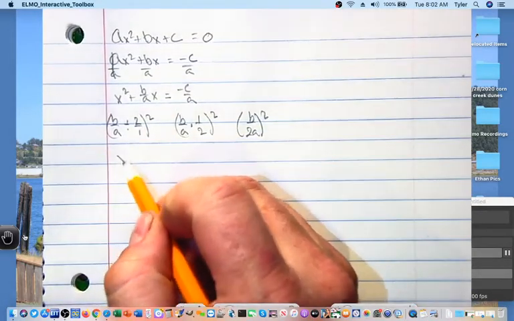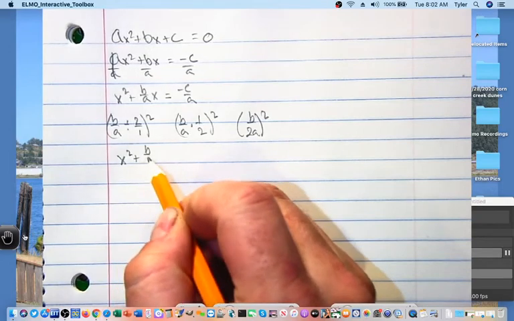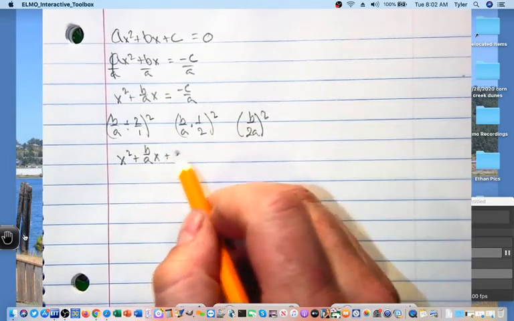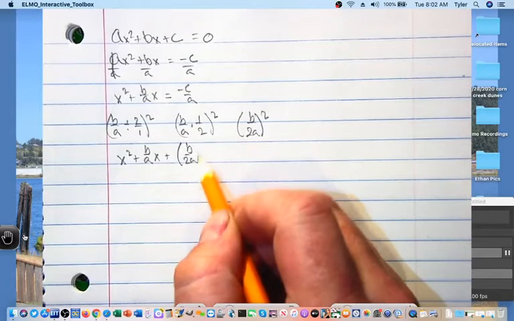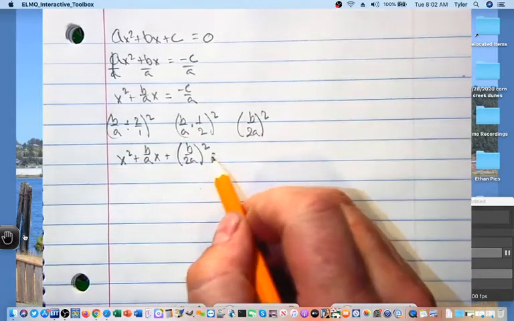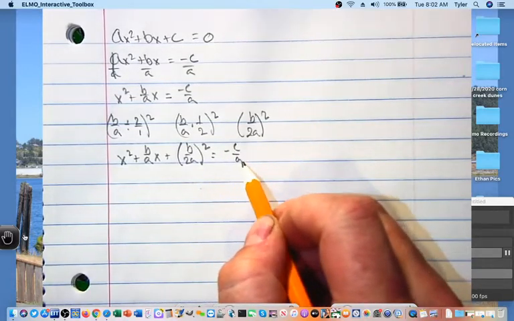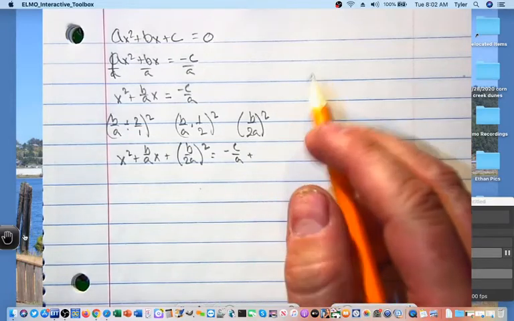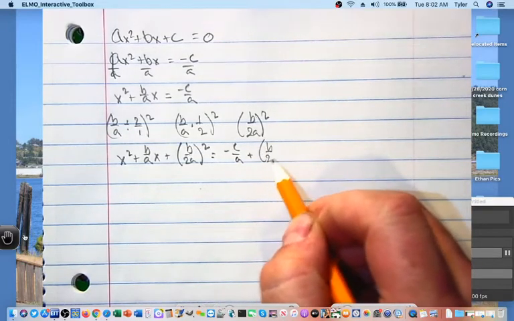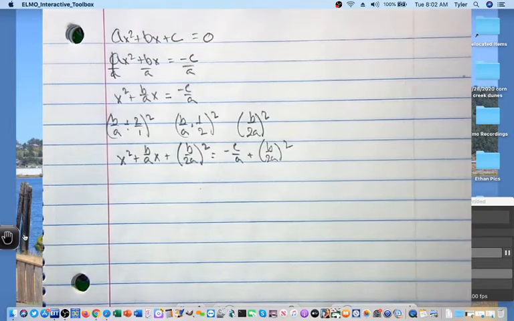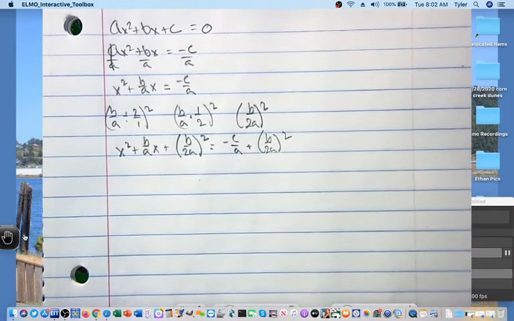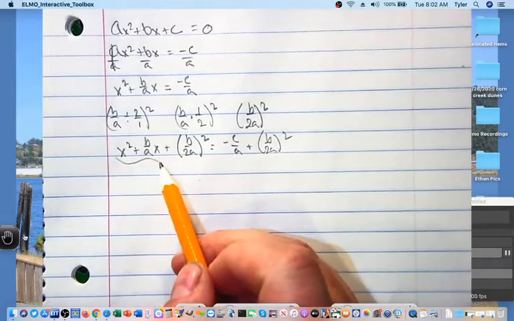And here we go. We have x squared plus b over a x plus b over 2a squared equal to a negative c over a plus b over 2a squared.